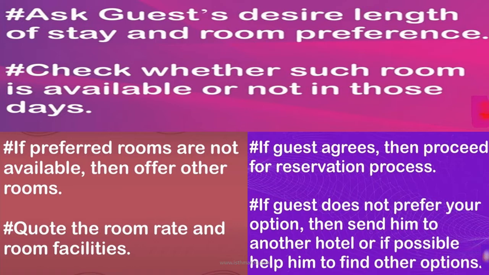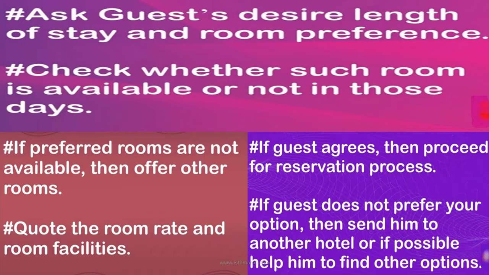Check whether such a room is available in those days. So he tells you, for example, a date after 2 or 3 days. Of course, you go to the archive or the computer system and see if there are available rooms on that date. If preferred rooms are not available, then offer other rooms.